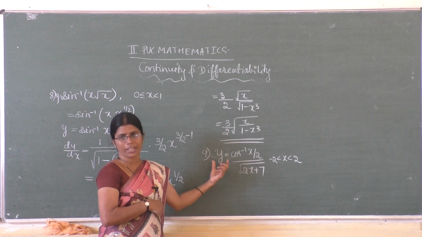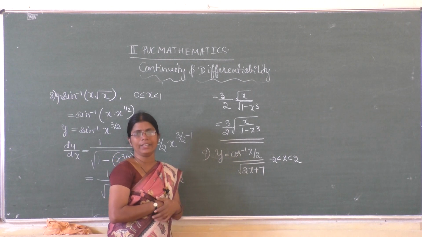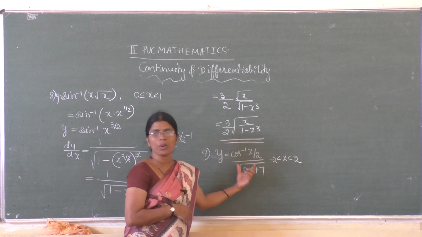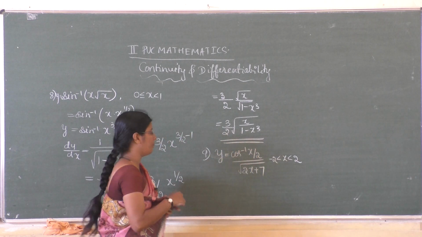Here simplification is not possible, so we directly differentiate. We have a quotient of two functions, so we have to apply the quotient rule.